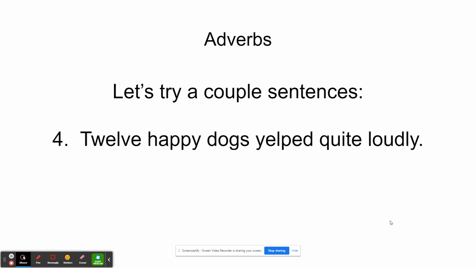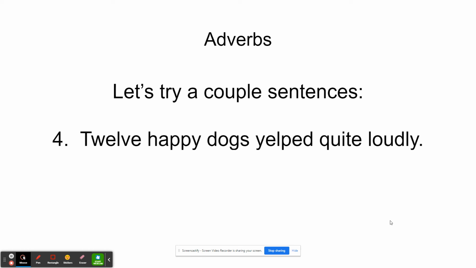What kind of dogs? How many dogs? All right, if you need more time to work on this sentence, press pause. Otherwise, we are going to check through this sentence right now.